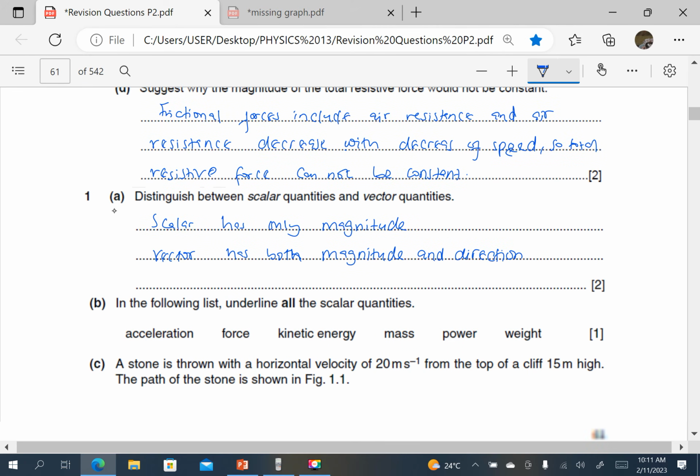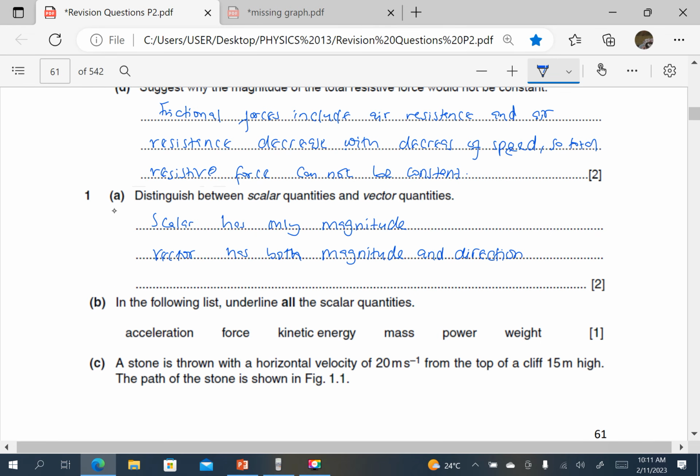In the following list, underline all the scalars. Acceleration is a vector, force is a vector, kinetic energy is a scalar, mass is a scalar, power is a scalar. So the weight is a vector because weight is a force.